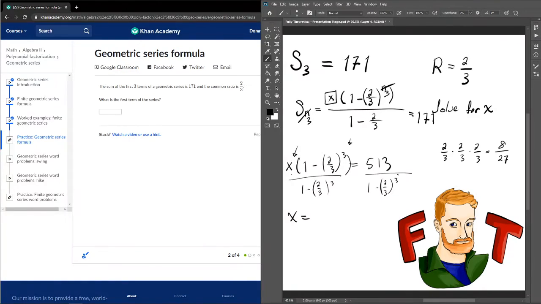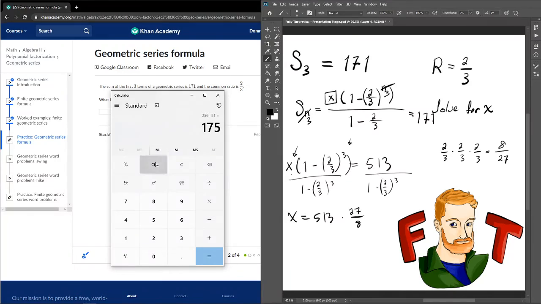So 513 divided by 8 over 27 is the same as 27 over 8 times 513. So we have 513 times 27 over 8. With these kinds of arithmetics, we could do the prime factorization, but I'm just too lazy for that right now. So we're just going to get the calculator.